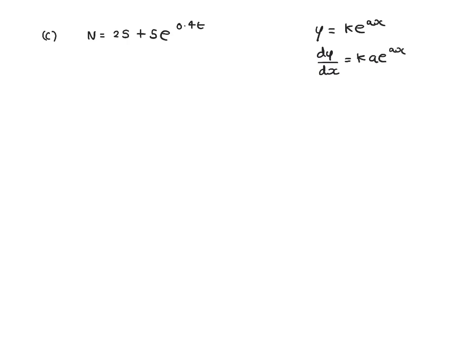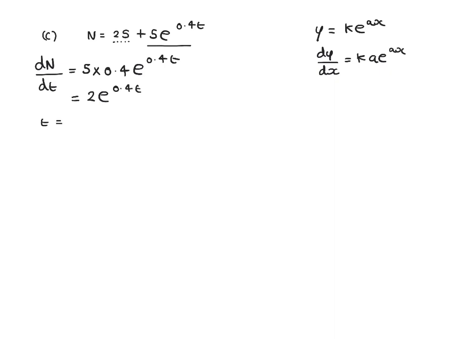So the rate at which the bacteria are growing is dn by dt, it's the derivative with respect to time. 25 differentiates to give us 0. Then differentiating this part here, we have 5 multiplied by 0.4 e to the power of 0.4t, which simplifies to 2e to the 0.4t.